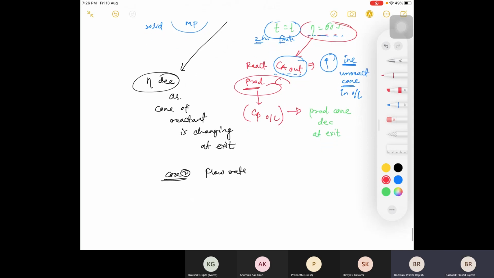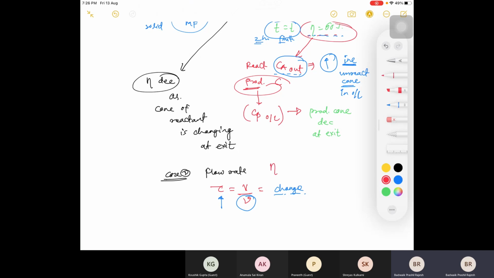That means, suppose this is tau, the residence time, volume divided by volumetric flow rate. I am changing flow rate, so your tau will change. I'll prove later how tau is changing, but tau will change.